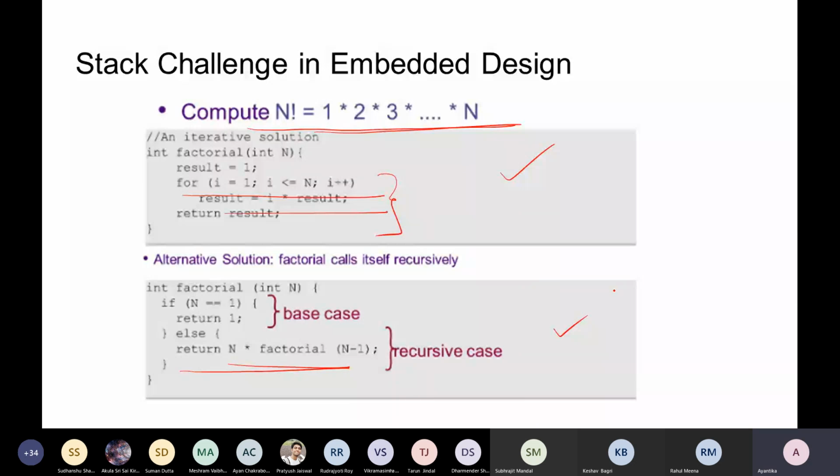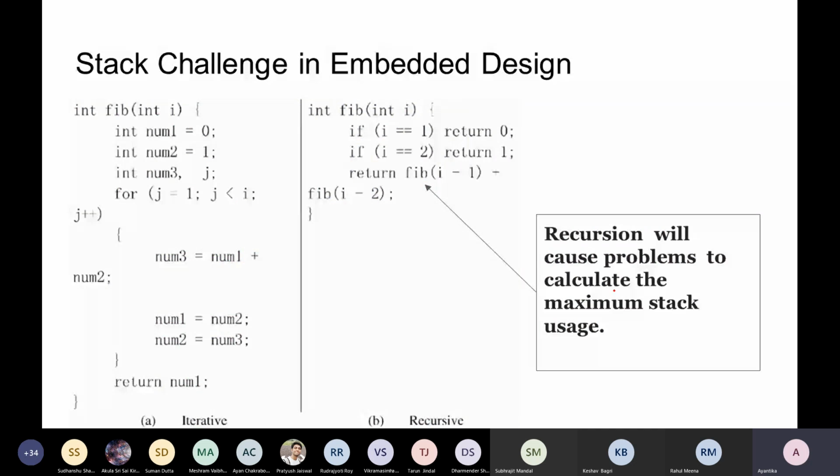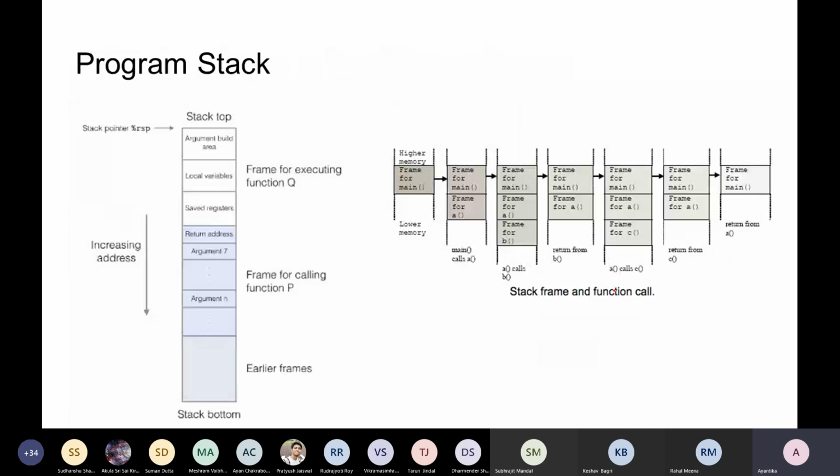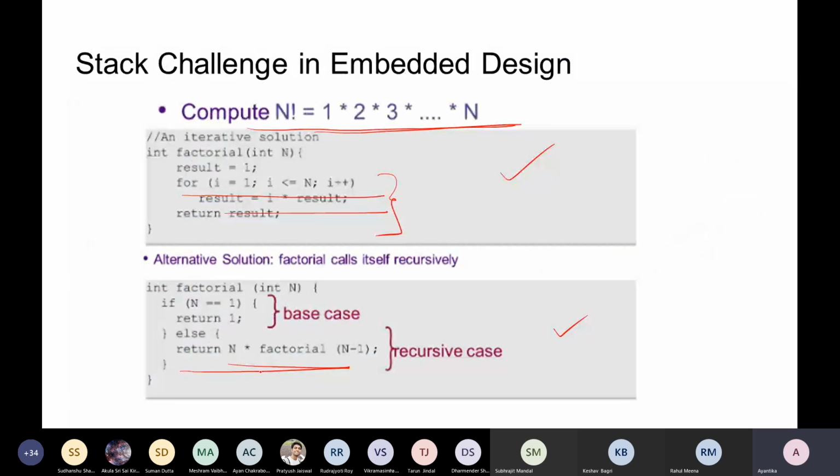Now, ideally, if I just go by design, both are correct and proper. But when we are thinking about the embedded scenario, and recall the previous concept we discussed, whenever we compute n into factorial of n minus 1, every time we are calling the factorial function recursively.